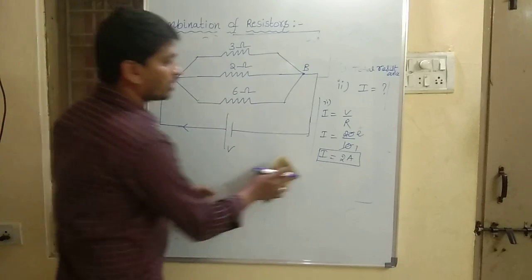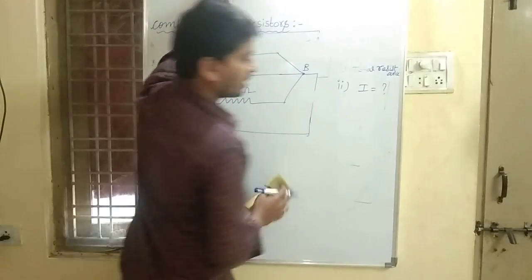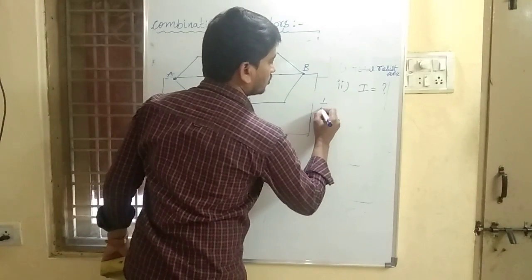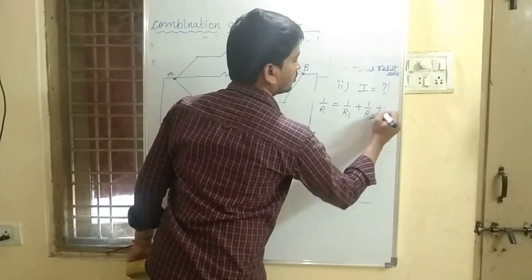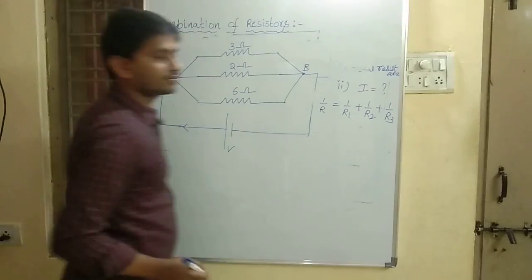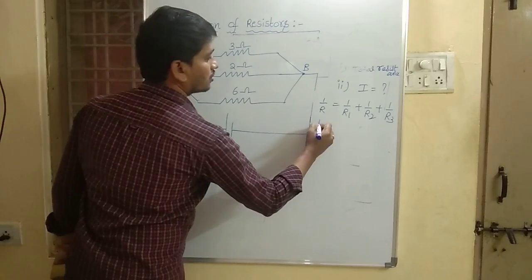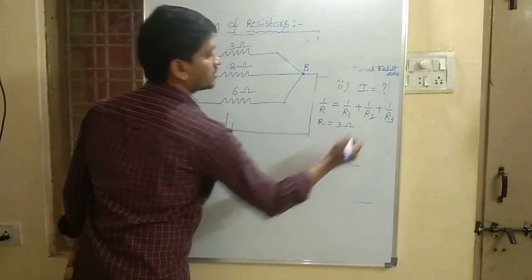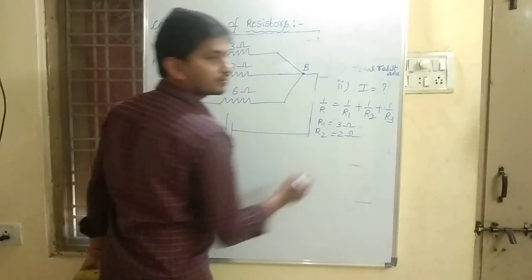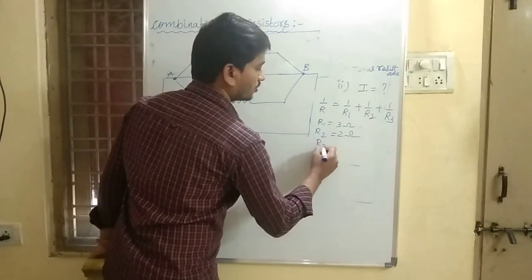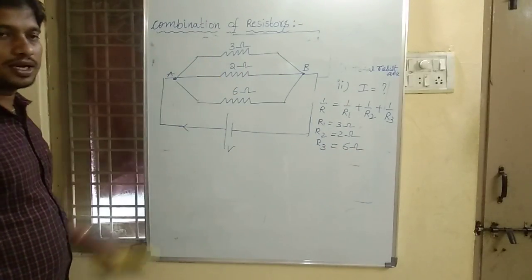So what is the formula we have? For a parallel combination, we have the formula 1 by R equal to 1 by R1 plus 1 by R2 plus 1 by R3. Here R1 equal to 3 ohms, R2 equal to 2 ohms and R3 equal to 6 ohms. They are connected in parallel.